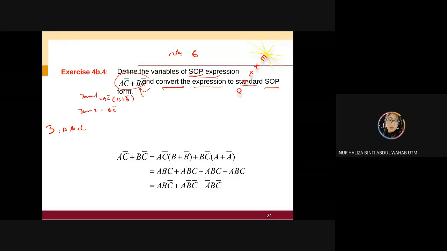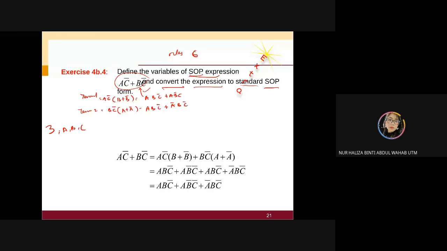You're missing your variable B, while for term 2, you are missing variable A. So you're going to multiply with A plus A bar because this one is 1. So you will get A, B, C bar plus A, B bar, C, while for your term 2, you're going to get A, B, C bar plus A bar, B, C bar.